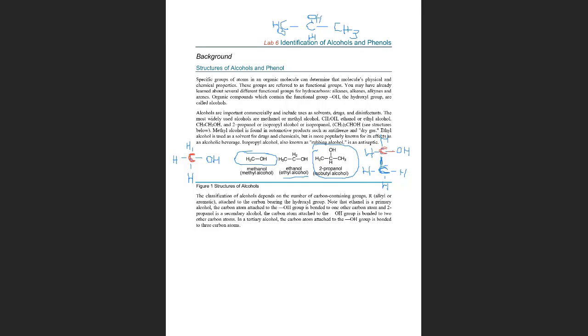Now let's go to our definition. This is the carbon bearing or bonded to the OH group. And we said depending on the number of carbon groups attached to the carbon bearing the OH group. This carbon in red is bonded to 2 carbons, right? One here and one here. Then it's a secondary alcohol.